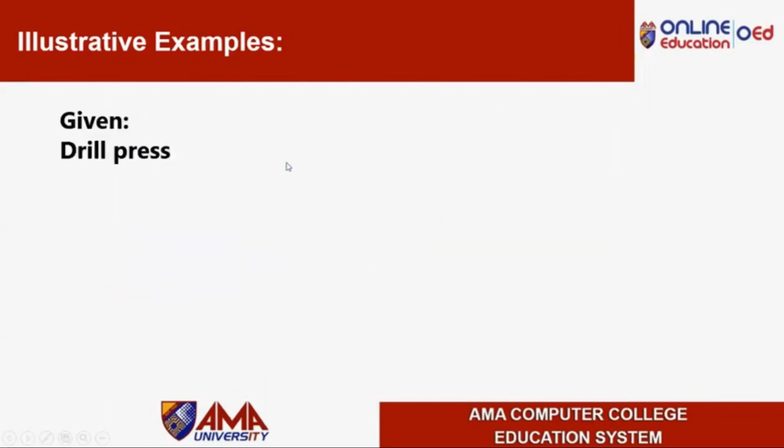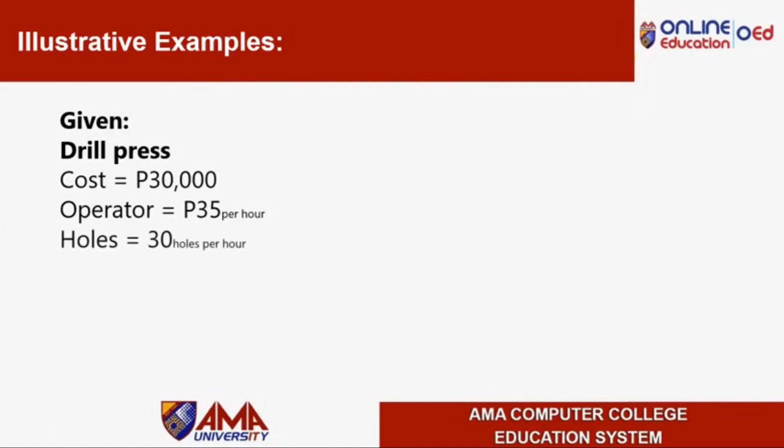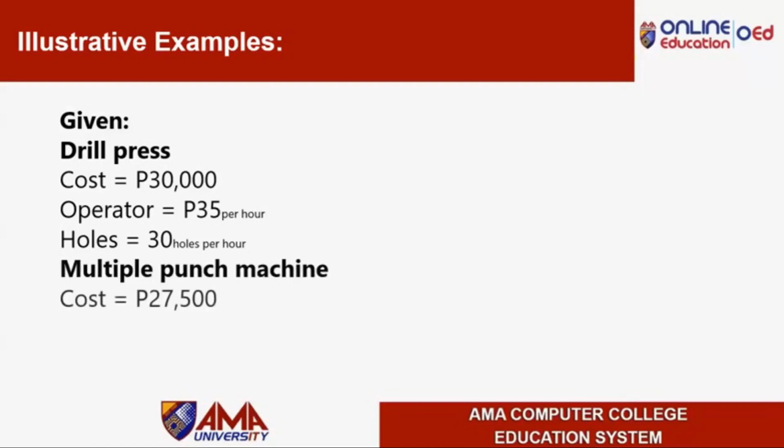Okay, so given for the drill press, the cost of the drill press is 30,000. The salary of the operator is 35 pesos per hour, and he can do 30 holes per hour. For the multiple punch machine, the cost is 27,500, and the salary of the operator is 30 pesos per hour.